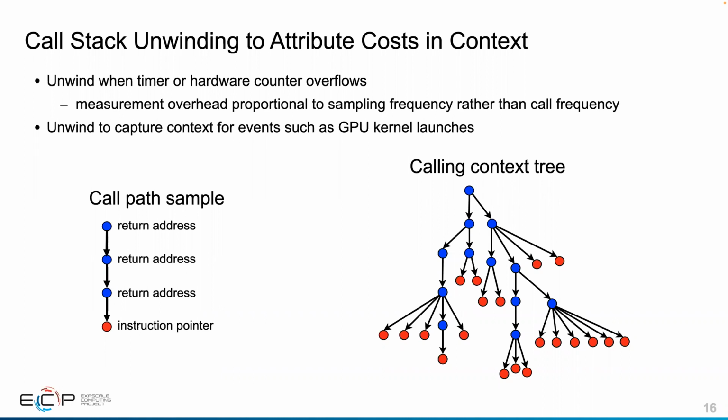And then over time, as we're collecting multiple measurements, all of these contexts get put into a tree. And so you can think of this as the context at the top, say, represents main, and then maybe this represents an initialization phase, and then some sort of solve phase. And then there are various things that might represent subphases in that. And so what we end up with is a tree.